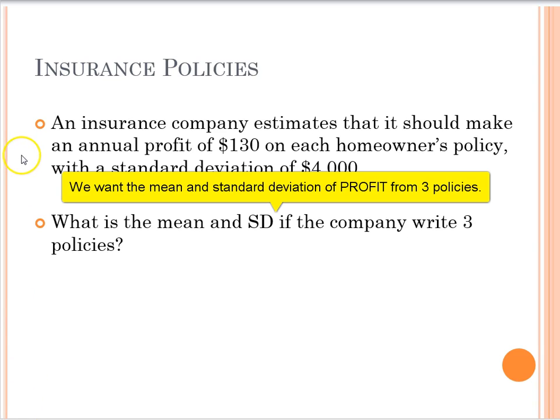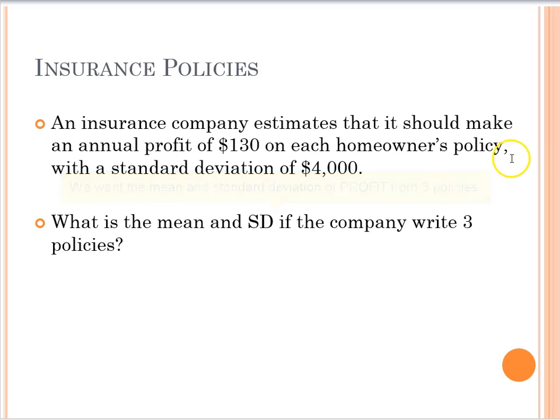The insurance company estimates that it should make an annual profit of $130 on one homeowner's policy, and that's going to vary from policy owner to policy owner. So the standard deviation is capturing that variation between homeowners.